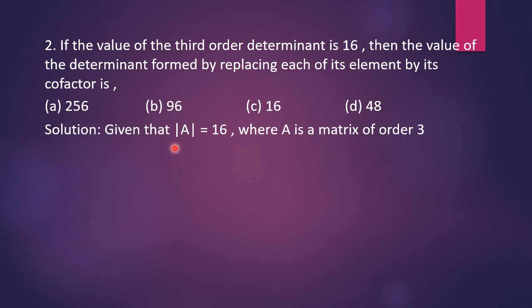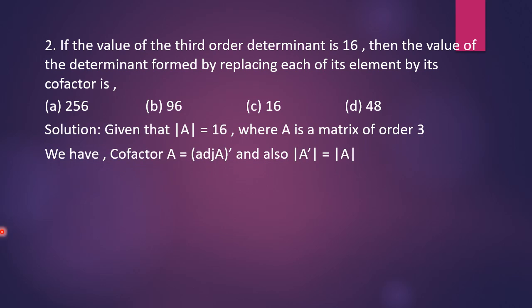Given that determinant A is equal to 16, where A is a matrix of order 3, we have to find the determinant of the cofactor. For that we know the relation between cofactor and the adjoint. Adjoint matrix is nothing but the transpose of the cofactor matrix.